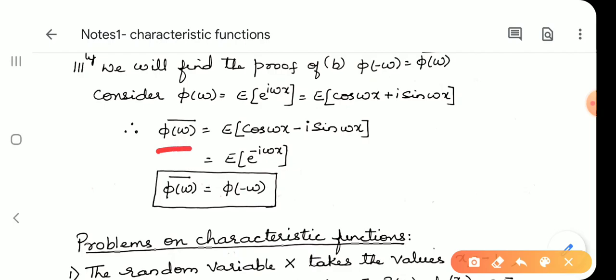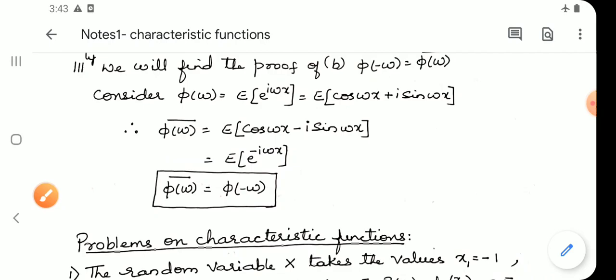Now let us consider phi of omega bar. Phi of omega bar is nothing but the conjugate of this. So, phi of omega bar can be written as expectation of cos omega x minus I sin omega x.